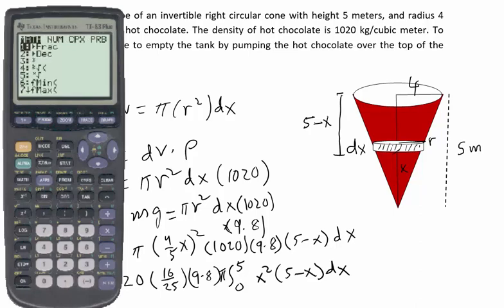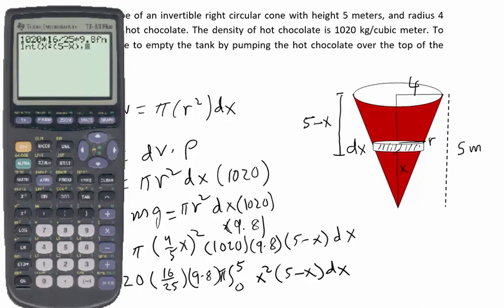From math, hit 9, which gives you the definite integral. As you see here, fnInt, you can just type 9 or scroll down there. After that, you first type your function. My function is x squared times 5 minus x. Then close it, put a comma.